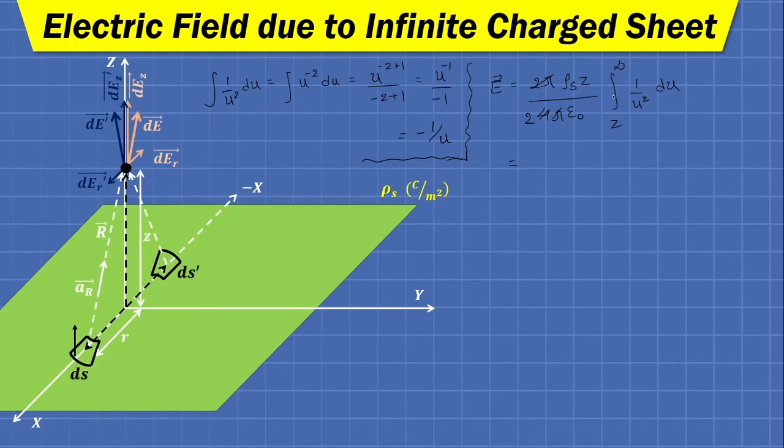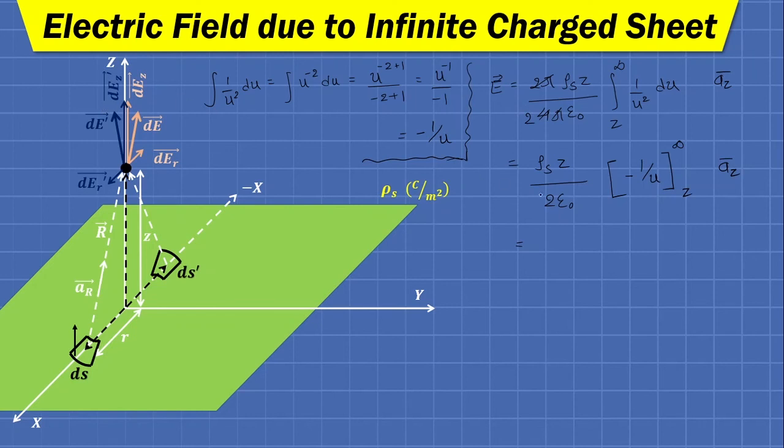Fine. So performing this integration with its limit, we are having rho s into z in the numerator and 2 epsilon 0 in the denominator, and this integration will be minus 1 upon u. Lower limit is z, upper limit is infinity. And az bar, here az bar represents the direction of field.